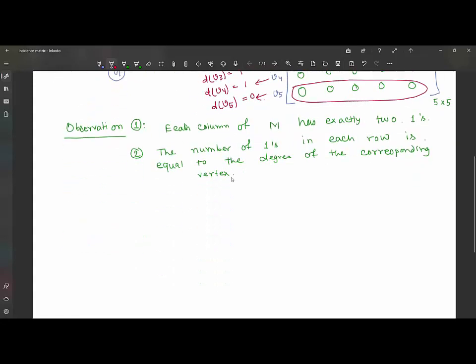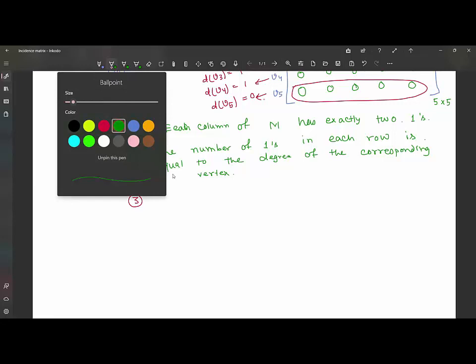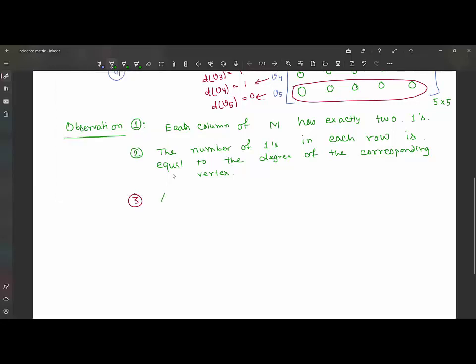Okay, so this is number 3. In the third observation we see that a row with all zeros represents an isolated vertex.